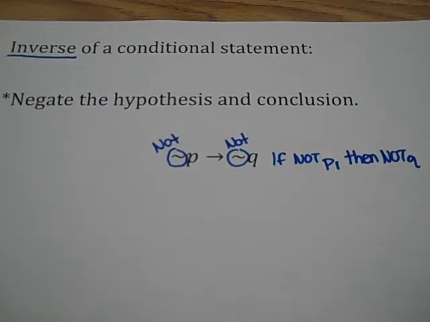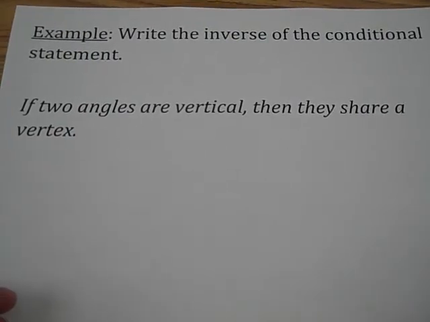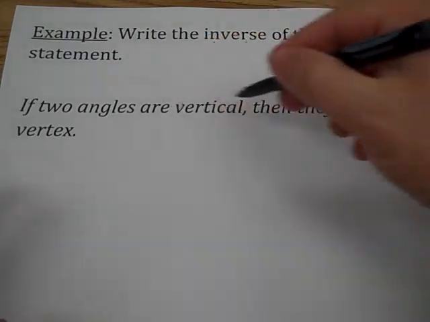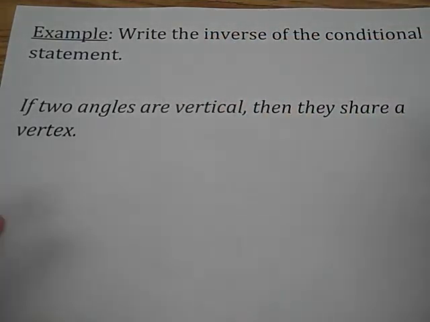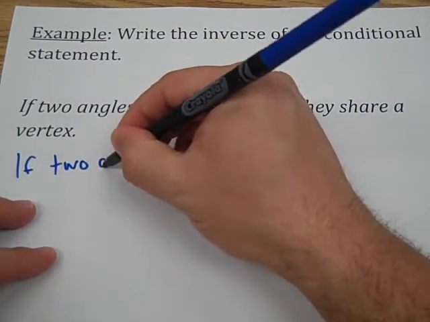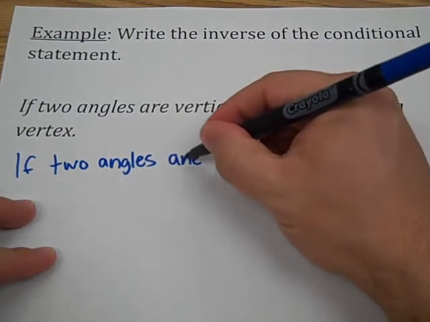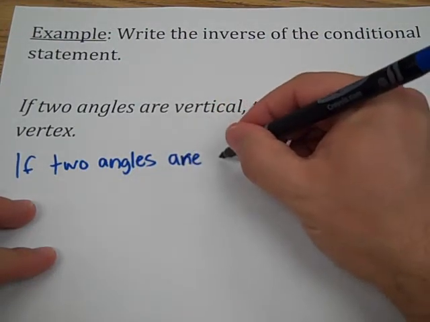So I'll show you what that means using our example that we just used. If 2 angles are vertical, then they share a vertex. So P and Q are staying in the same spot, we're just negating them. So it's really easy to write, if 2 angles are not, sorry, that should say are, not ain.